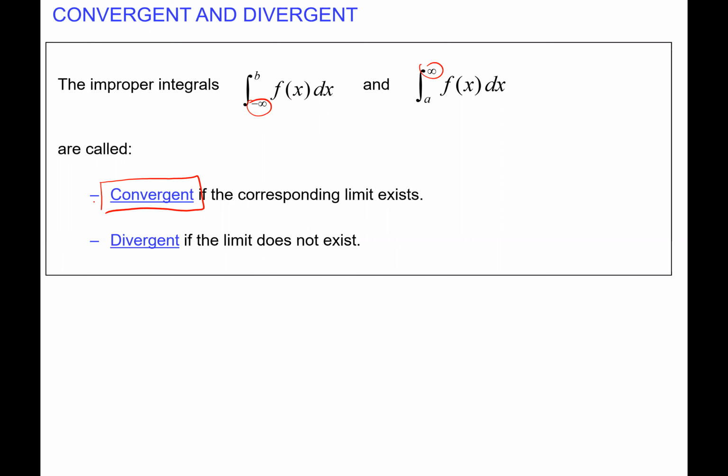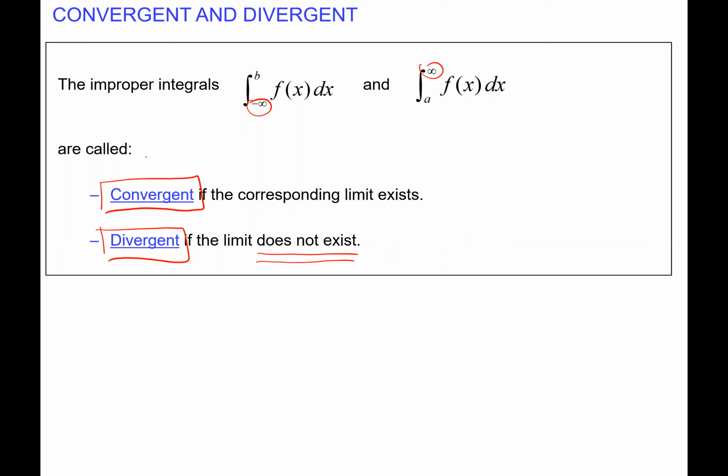Or if it's positive, I can say the area under the curve is that number. However, if this limit doesn't exist, because we may have a situation that the limit is not defined, we will call this integral divergent. That means when the limit exists, convergence. If the limit doesn't exist, divergence for the improper integral.